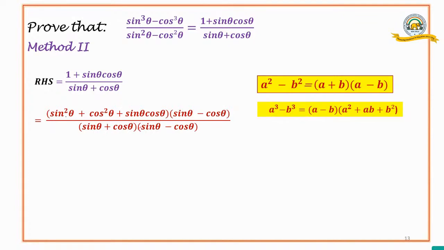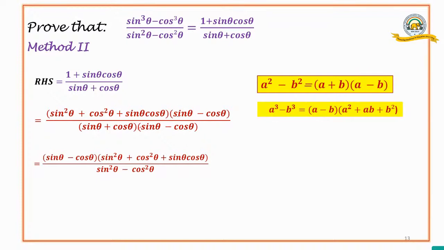So therefore, here to apply my cube, because I have to go to cube, don't forget what you are aiming at. So in place of 1, I'm putting sine square theta plus cos square theta, and this sine theta cos theta remains. See, a square plus b square plus ab, and I've already got my a minus b.